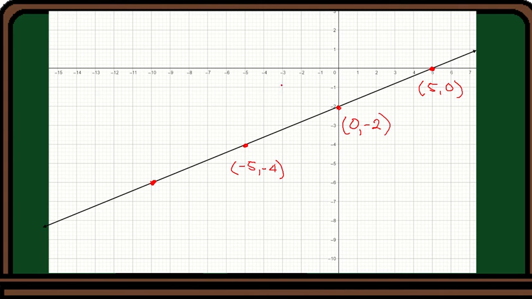So, that's why gagamitin natin ang divisible by 5. So, pwedeng ito, negative 5, negative 10, negative 15. So, same as the right side, which are positive numbers.